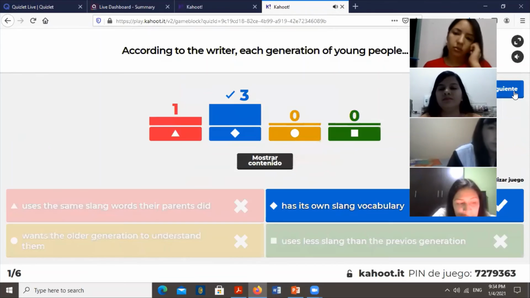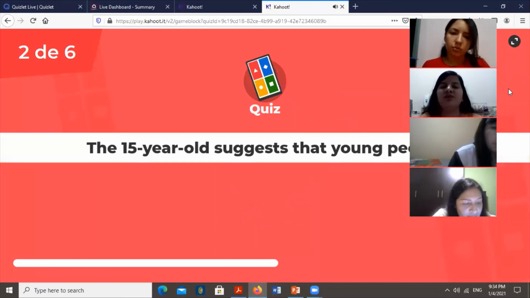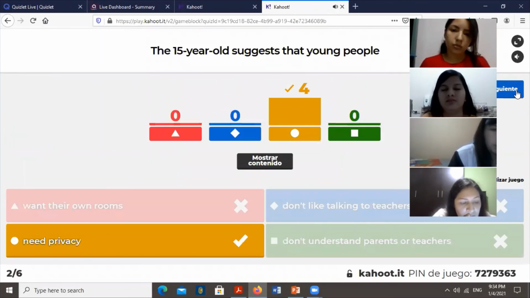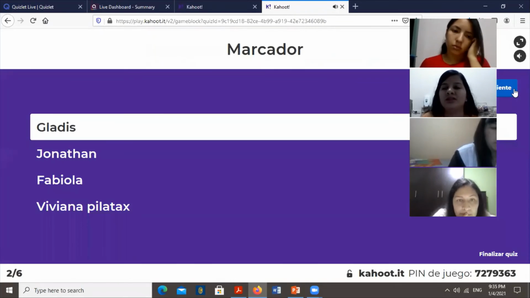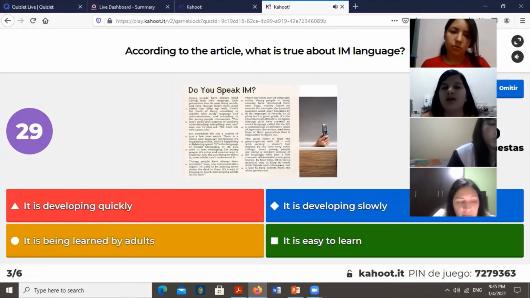Okay. The next question: the 15-year-old suggests that young people need their own space. Excellent. The next question, quickly because we don't have much time. According to the article, what is true about IM language?